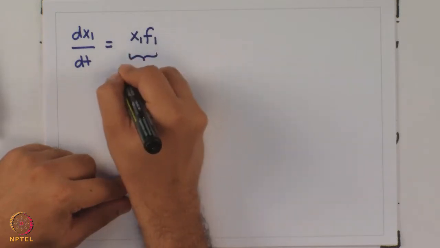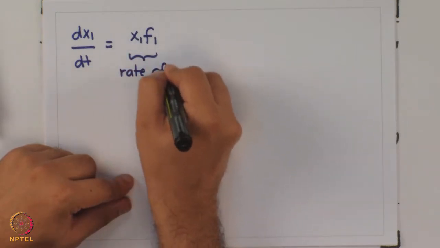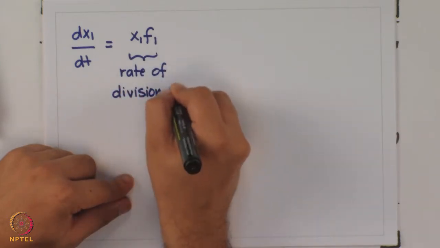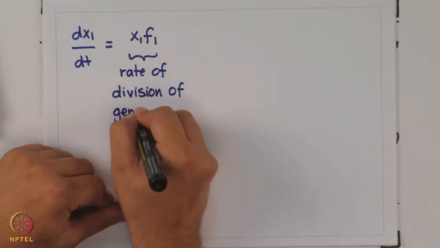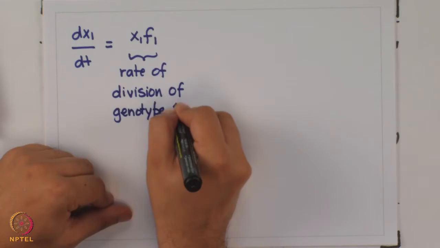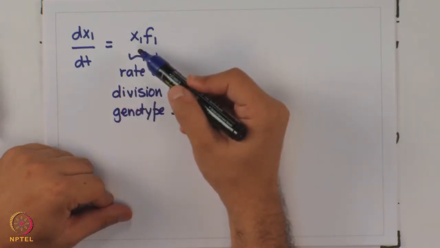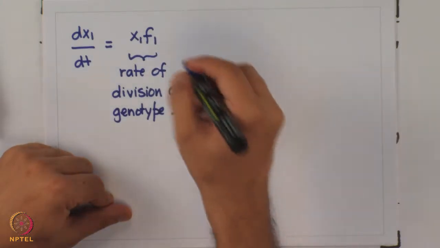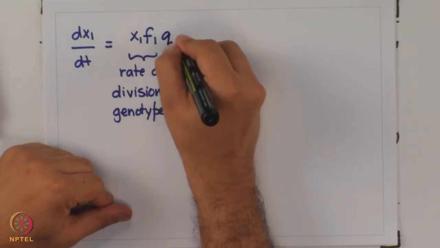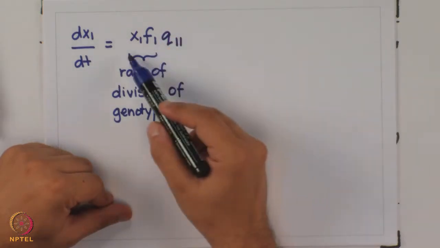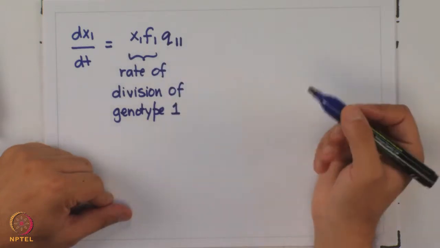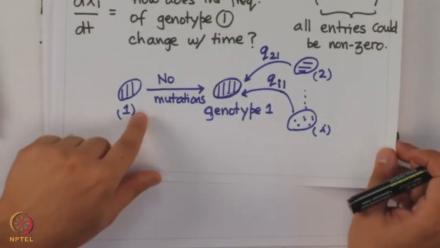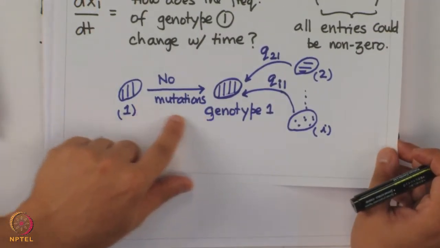This represents the rate of division of genotype 1, which also takes into account the current frequency of individuals belonging to genotype 1 in the environment, and we multiply that with q11, which is the probability that should this replication event happen, the progeny also belongs to genotype 1. So, this gives me a quantitative estimate of how many genotype 1s are being generated via this arrow.